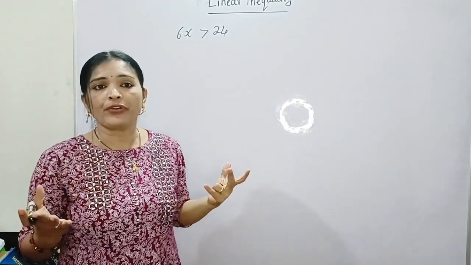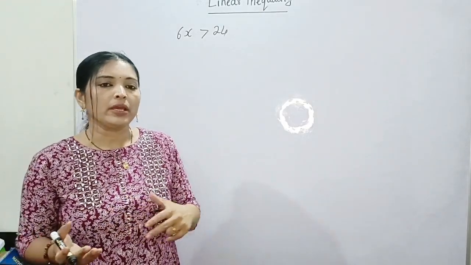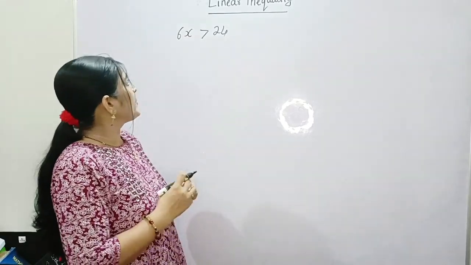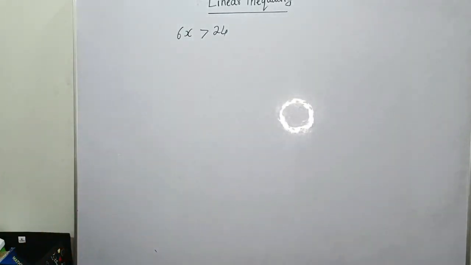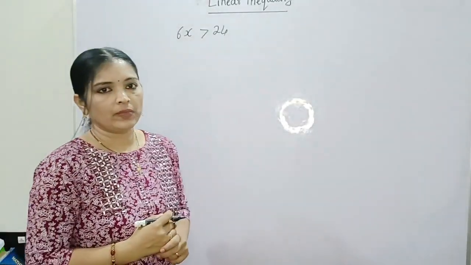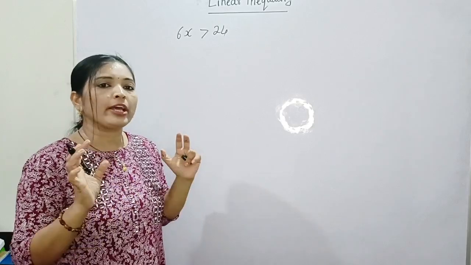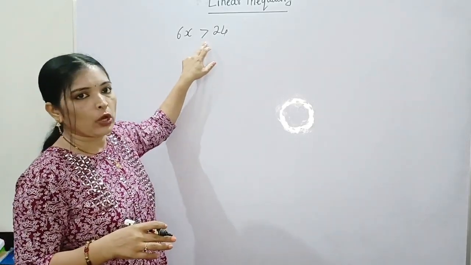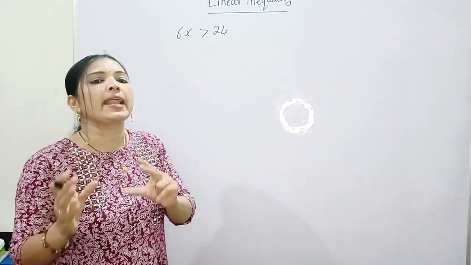Don't worry about the rules, we can solve this as equations. 6x greater than 24. Here we will find the range of x, not exact values of x. For exact values, it should be equal. Here we will find the range of x, where x is lying.